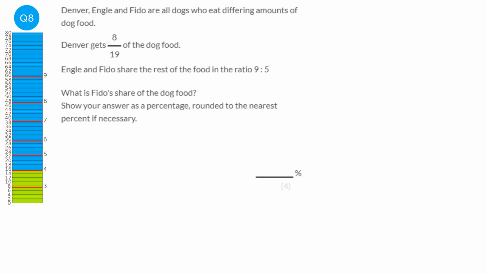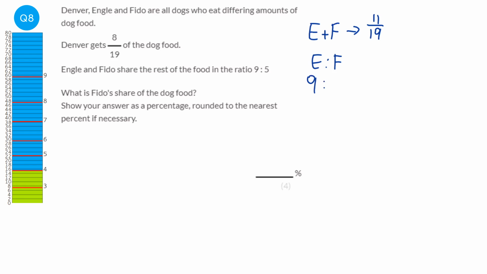The first piece of information I'm going to focus on is the fact Denver gets 8/19. Denver gets 8/19, that means that Engel and Fido together must get 11/19 because they have to add up to 1. So we're only looking at 11/19. I'm going to focus on the ratio next of Engel to Fido.